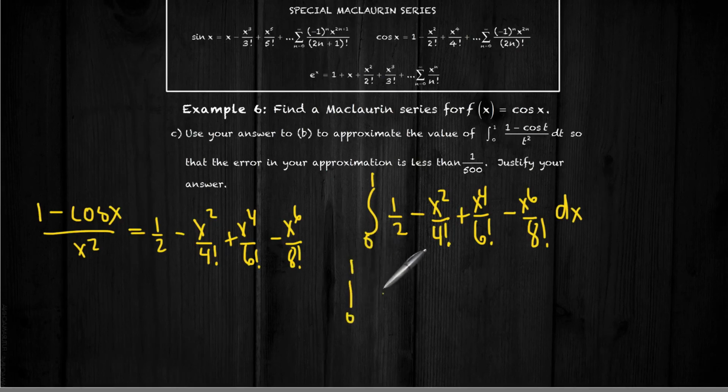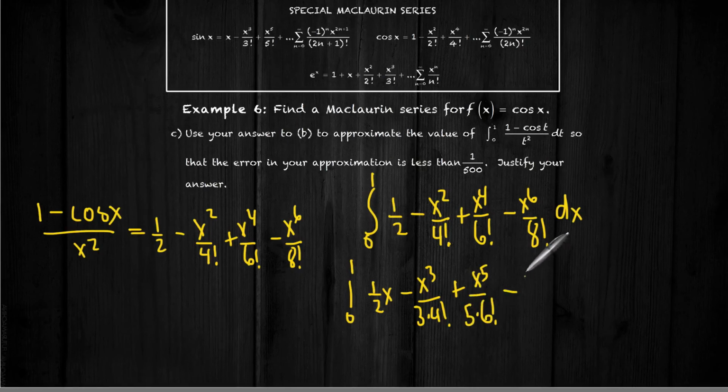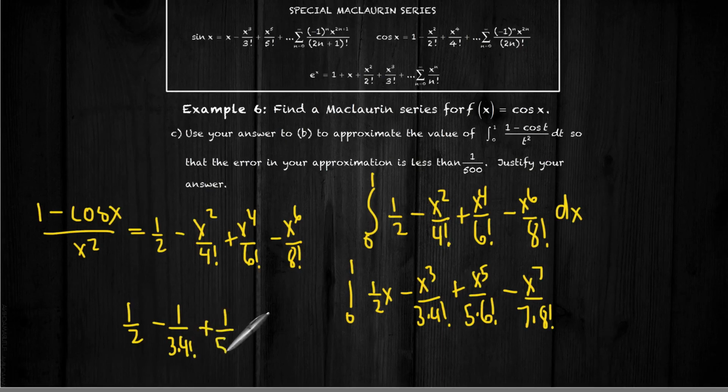So from 0 to 1, it's going to be 1/2 x minus x cubed over 3 times 4 factorial, plus x to the 5th over 5 times 6 factorial, minus x to the 7th over 7 times 8 factorial. And then now we're going to plug in our upper and lower limit. So we plug in our upper limit, and that just simply is going to give us 1/2 minus 1 over 3 times 4 factorial plus 1 over 5 times 6 factorial, and that should be enough.